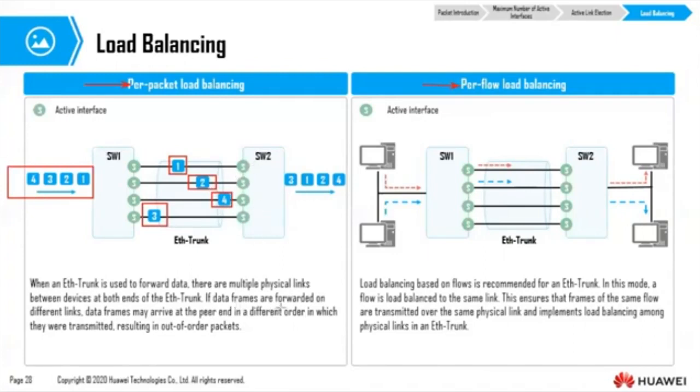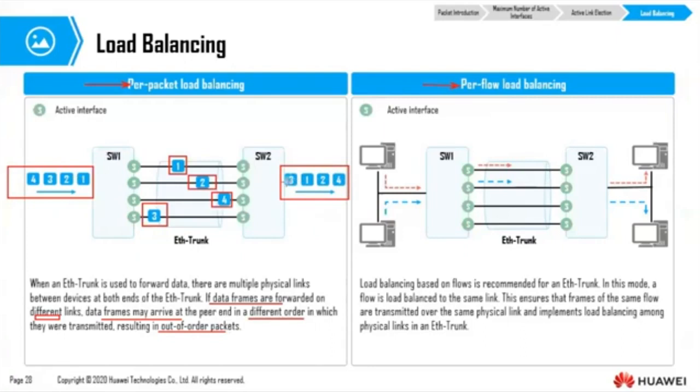Now, the problem is that if data frames are forwarded on different links, then data frames may arrive at the peer end in a different order in which they were transmitted, resulting in out of order packets. You see, they came in as 1, 2, 3, 4, but they're getting out as 4, 2, 1, 3.